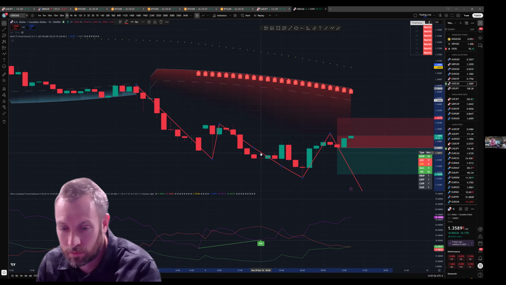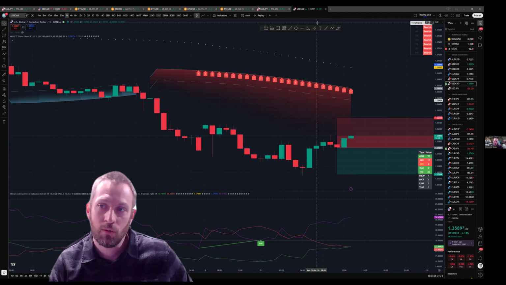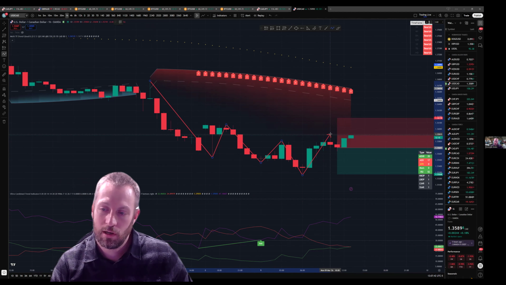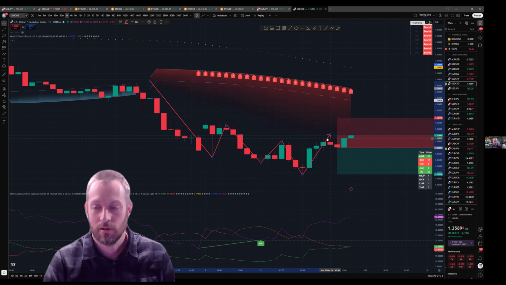Even with that, if we look here, I'll redraw this, but some might say, okay, this is where it went to the bottom and then it kind of came up here to the top, went further down here, came here, went further down here, and then came up, and we're actually at that point above. So this could be what we call a change of character.